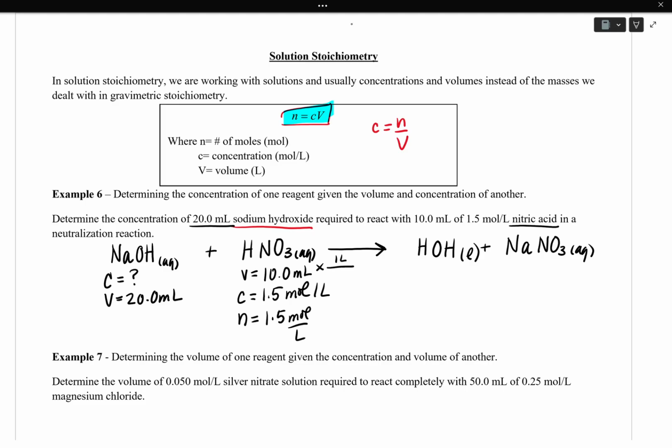So this will be 1 liter divided by 1,000 mL, which will make this 0.01 liter. So let's multiply this by 0.01 liters. Liters are going to cancel, so all we're left with is moles. So 1.5 times 0.01 is going to be 0.015 moles, and this is the number of moles of nitric acid, HNO3.